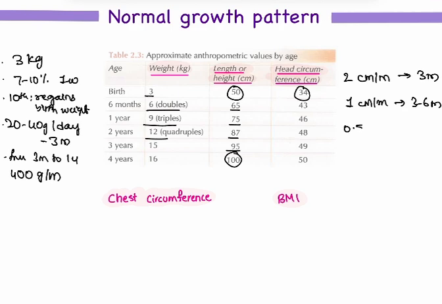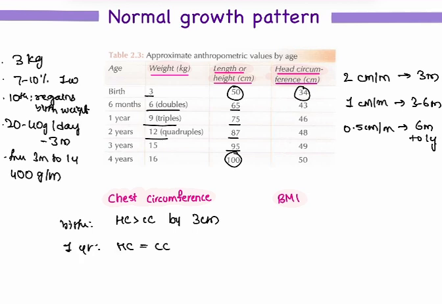Then 0.5 centimeter per month from 6 months to 1 year. Chest circumference. Head circumference is greater than chest circumference at birth by 3 centimeters. By 1 year, head circumference is equal to chest circumference. Later, chest circumference will be more than head circumference.